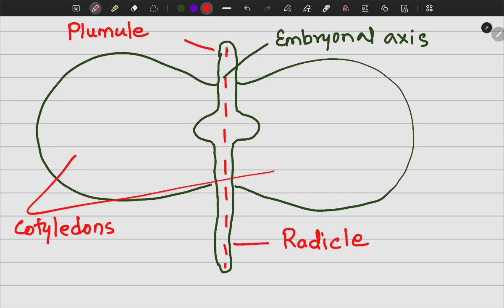Right? So this is the typical structure of a dicot seed or a dicot embryo.